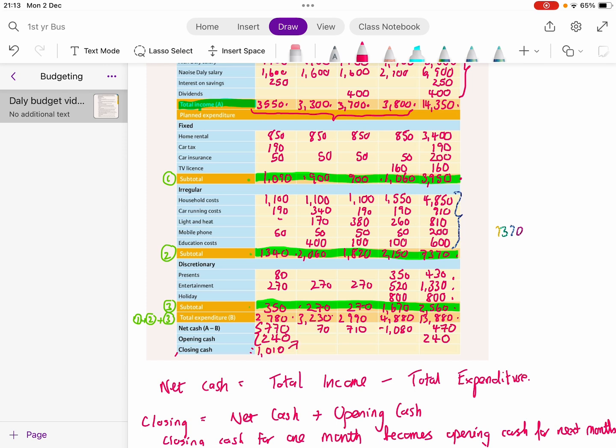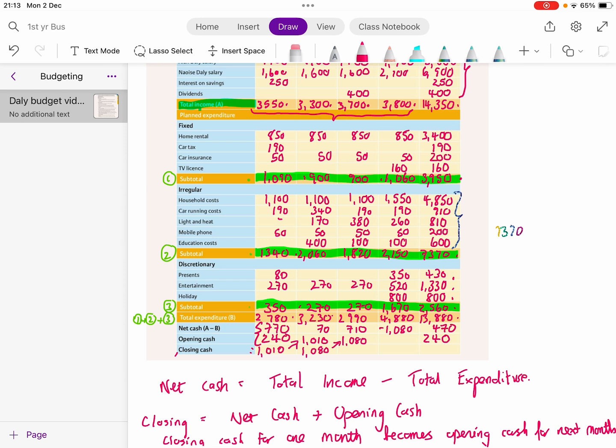My closing cash for 1 month becomes my opening cash for the next month. At this point now, I'm adding my net cash and my opening cash together like we've already done. And when I add 70 to 1,010, I get 1,080.